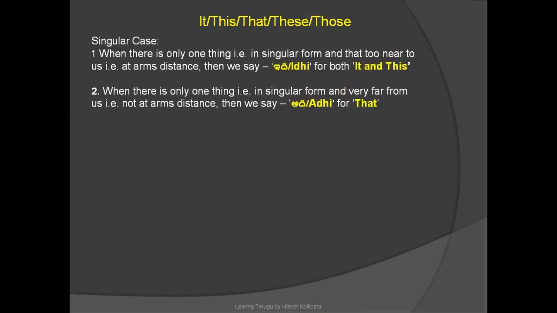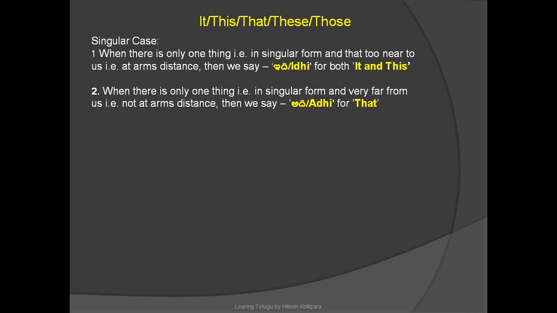Singular case. When there is only one thing that is in singular form and that too near to us, which means at arm's distance, then we should say idi for both it and this.